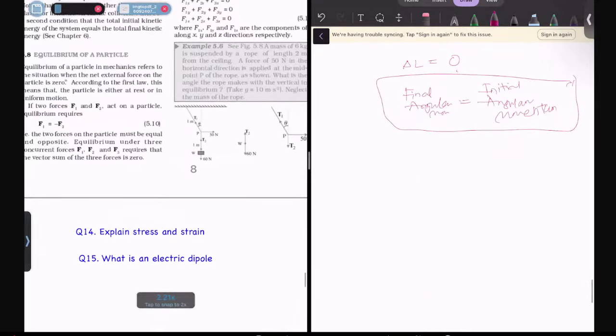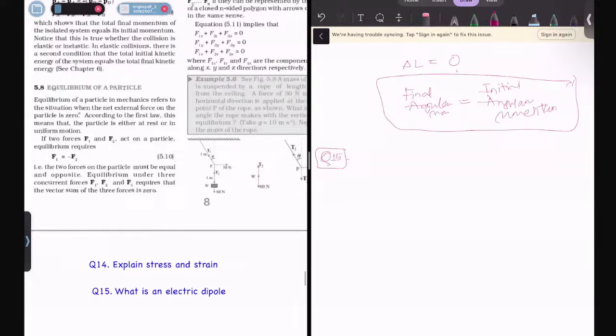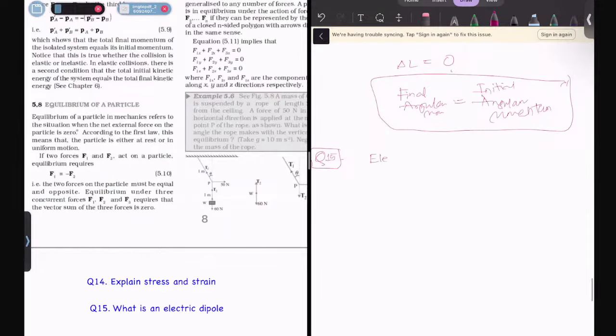So next question is, what is an electric dipole? To understand electric dipole, I'll give you an example. First I will define electric dipole, write the definition of dipole, then you'll understand.